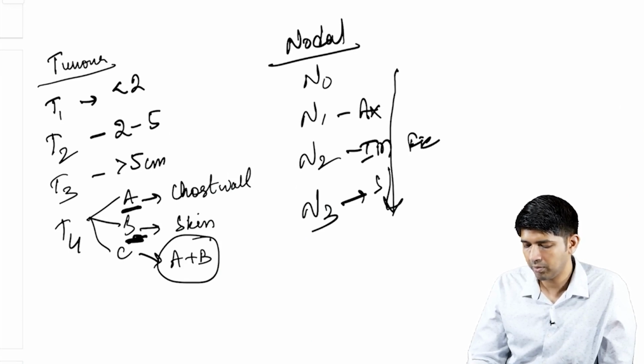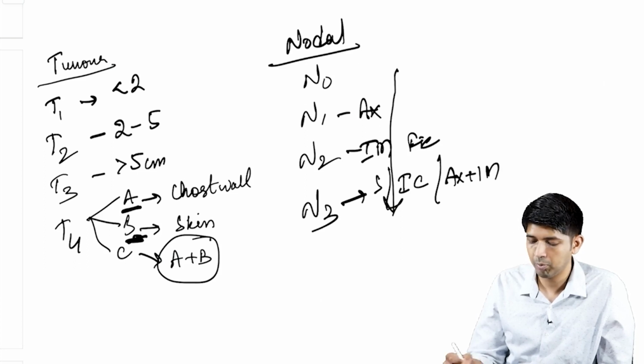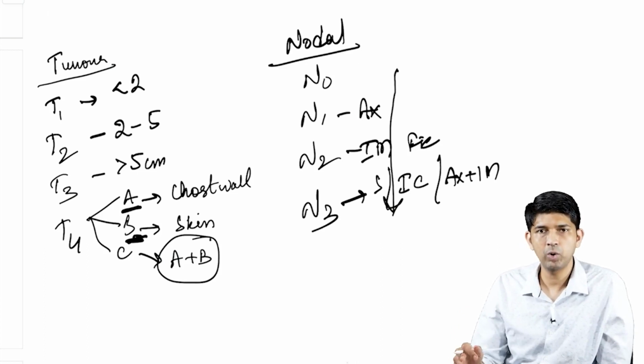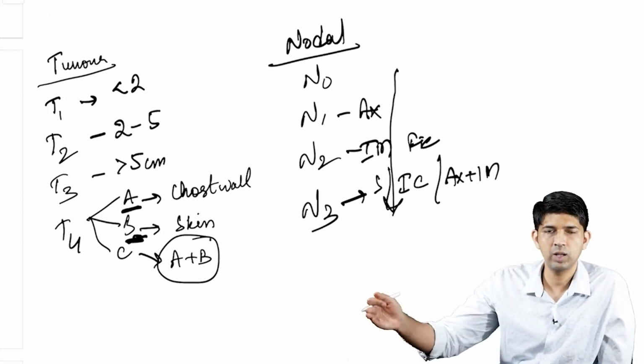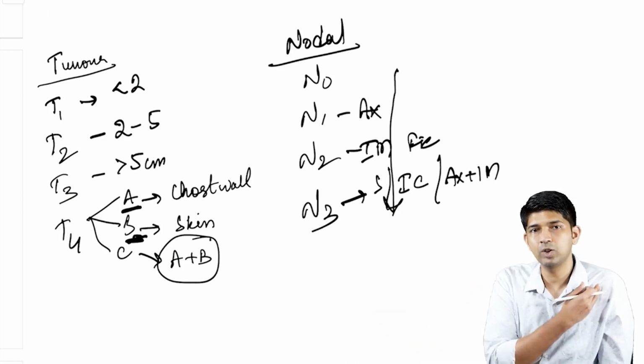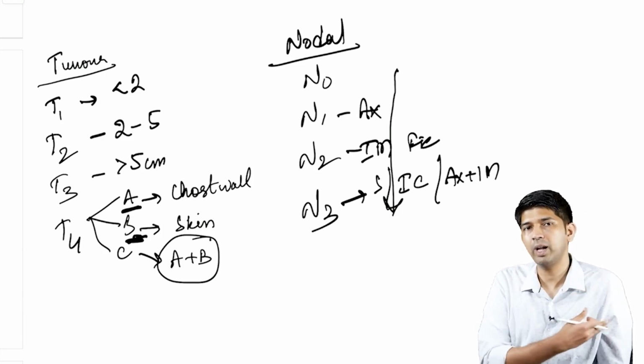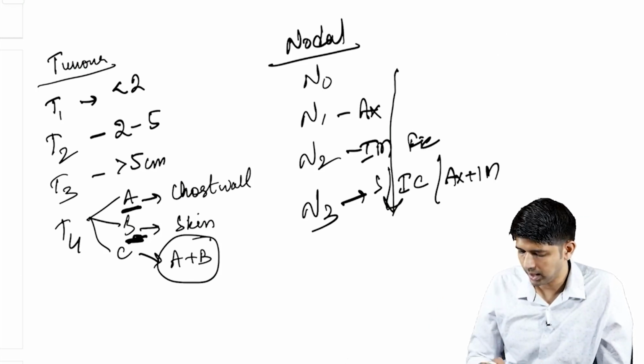Here will be the supraclavicular, infraclavicular, or axillary plus internal mammary, where both the regions are involved. Okay. So the nitty-gritties I will not go into, but you just need to understand the higher the nodal staging, the farther it has gone. First will be the axilla, next internal mammary, then supraclavicular. So N1, N2, N3. Okay, that's the way to remember it.